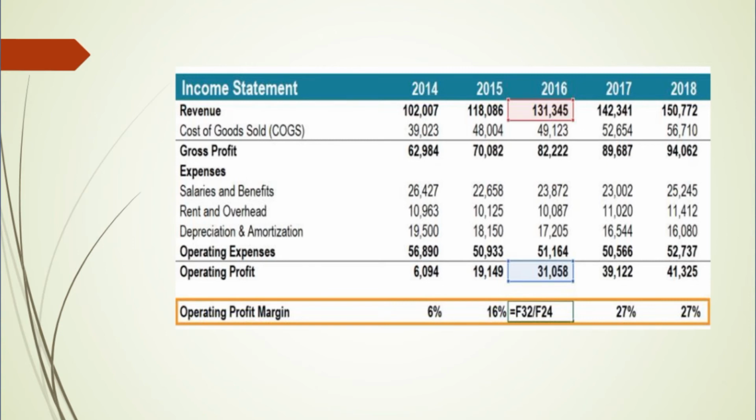And for 2016, revenue is 131,345, and dividing by 31,058 centavos, and 2017 is revenue 142,341, and operating profit is 39,122, and operating margin is 27%.